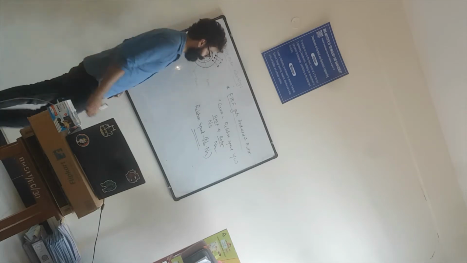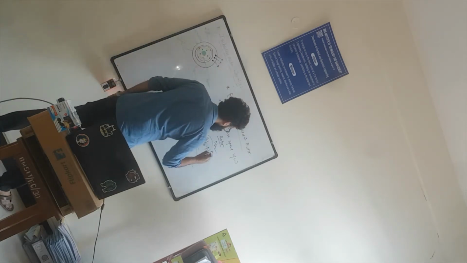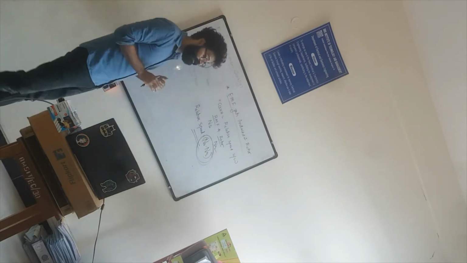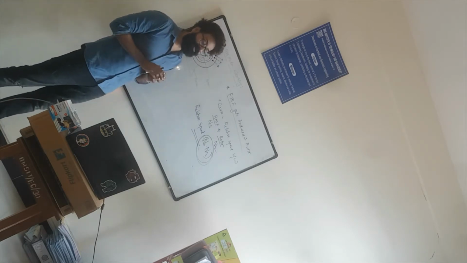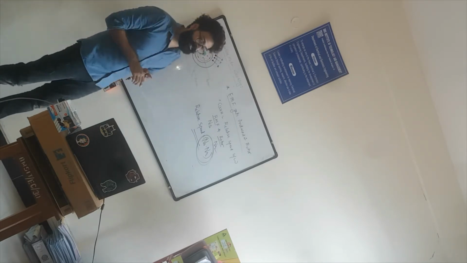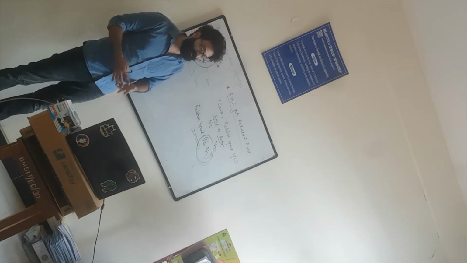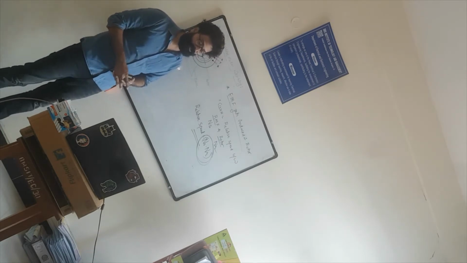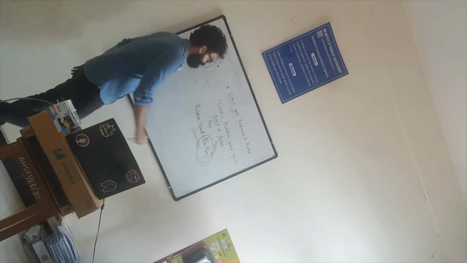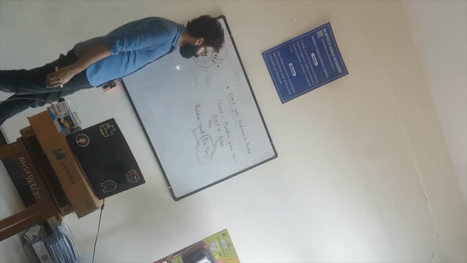This induced EMF always tries to oppose this relative speed. That's because if relative speed exists, there will be an induction of EMF. If the relative speed ceases to 0, then there will not be any production of EMF. So this is the cause for the production of EMF.